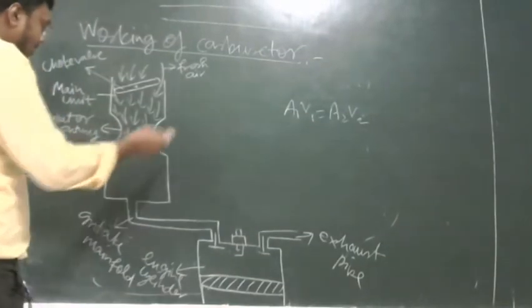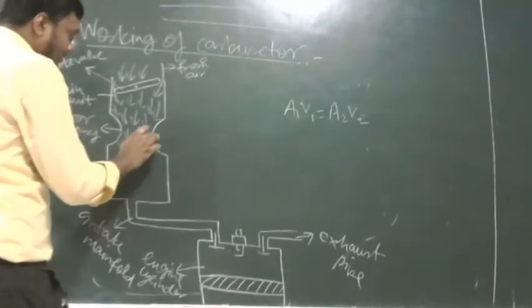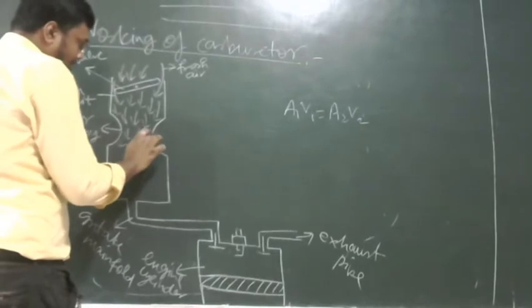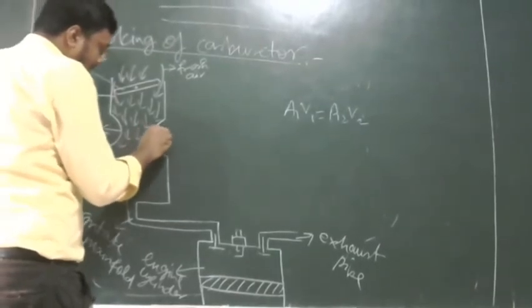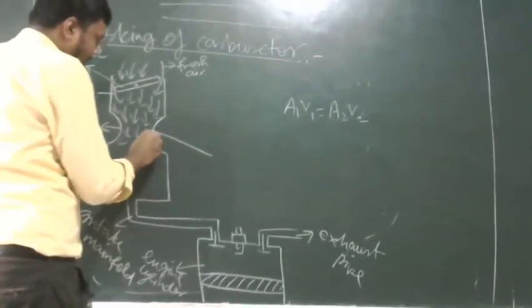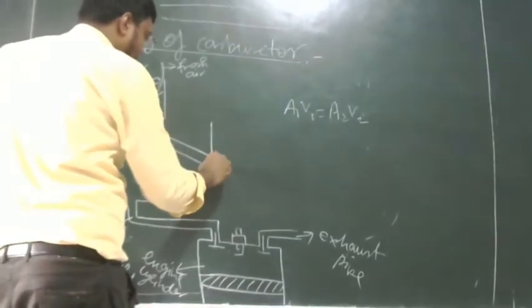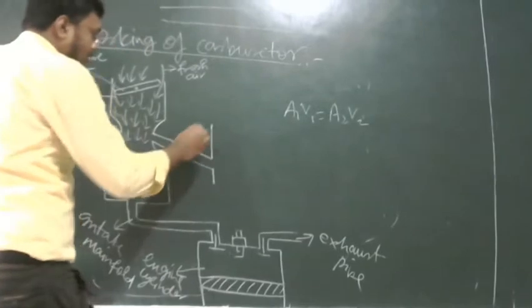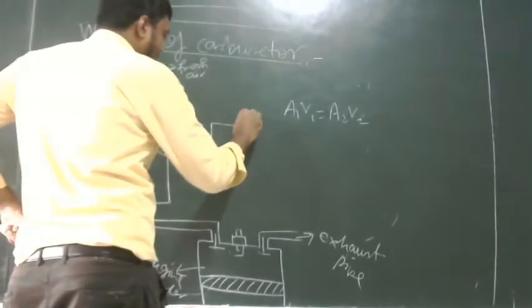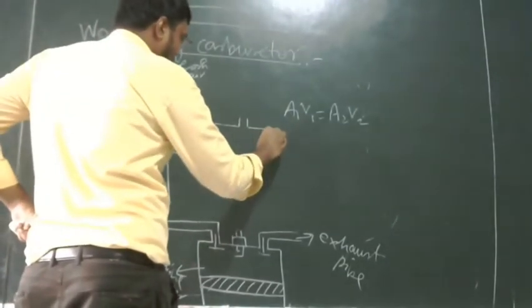Now at this minimum area there is a pipe connected to the float chamber. This is the float chamber.